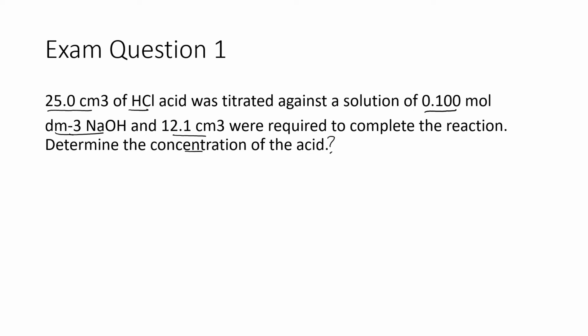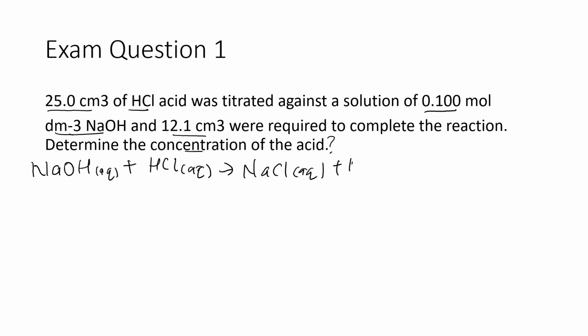So if you were to look at the traditional way of doing this, you will write a balanced equation. If we write down sodium hydroxide, which is aqueous, reacts with hydrochloric acid, which is also aqueous, makes sodium chloride plus water.